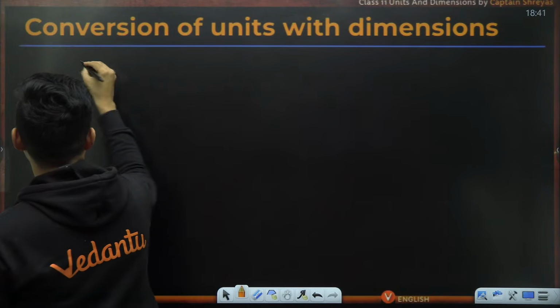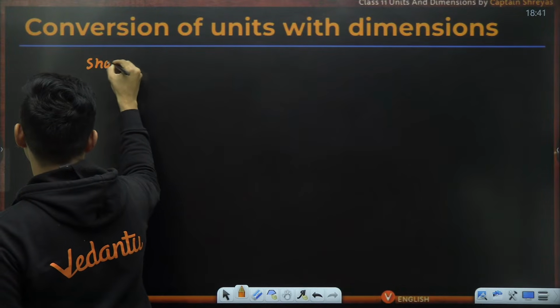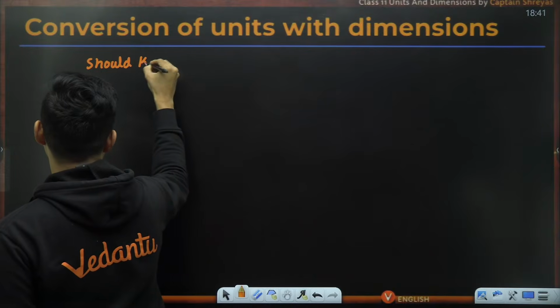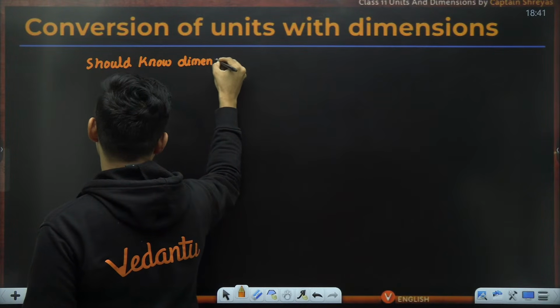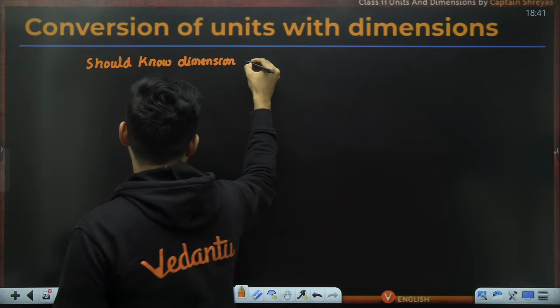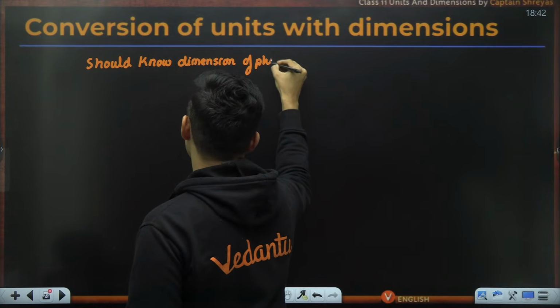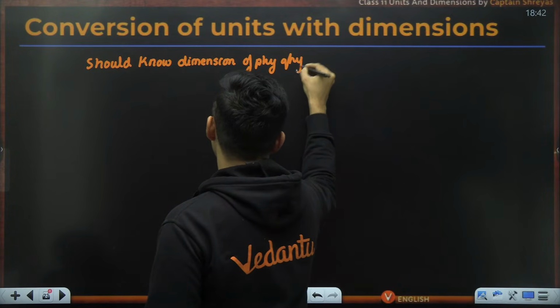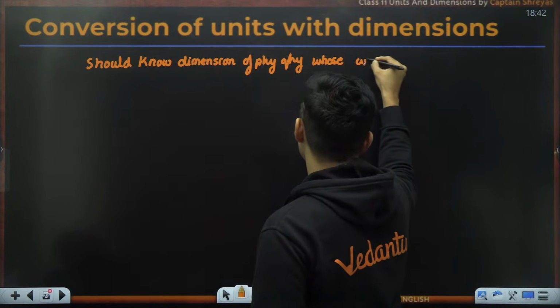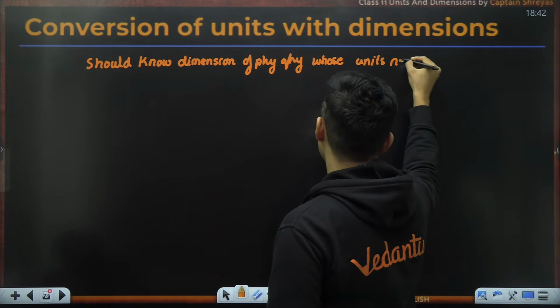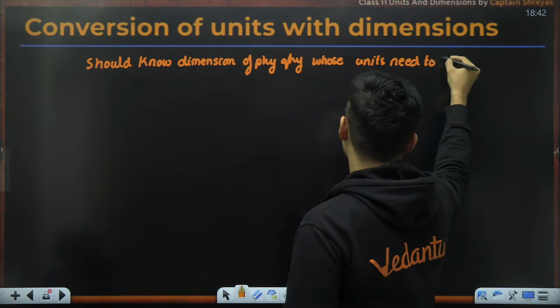You should know the dimensions of the physical quantity whose units need to be converted.